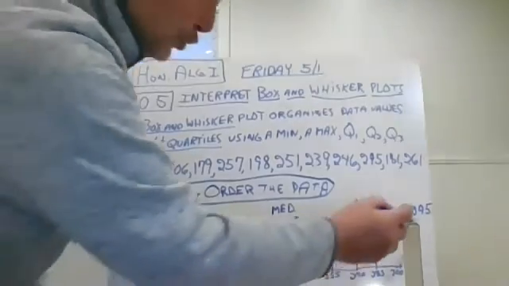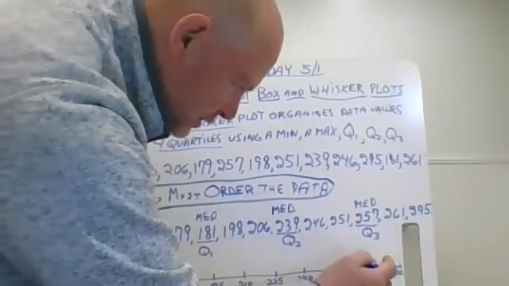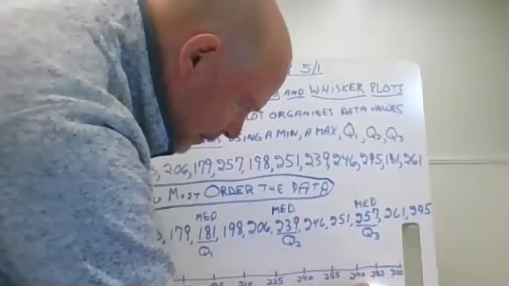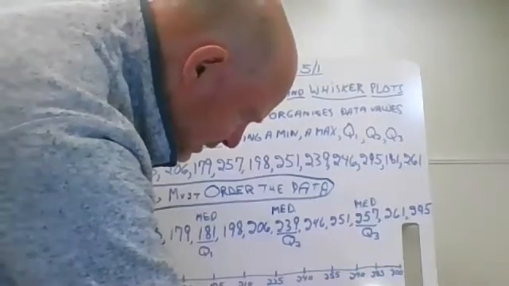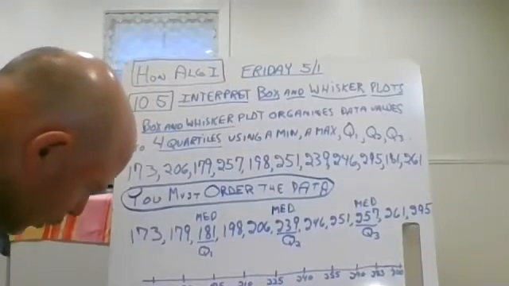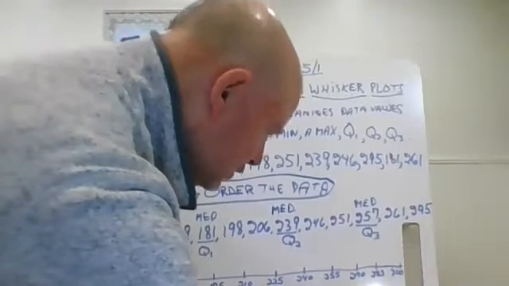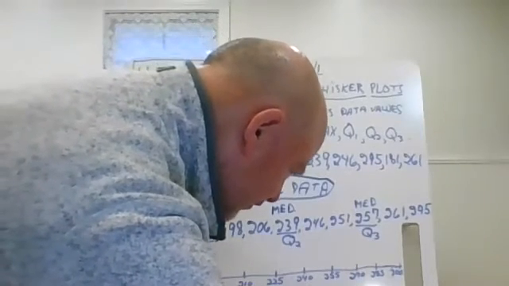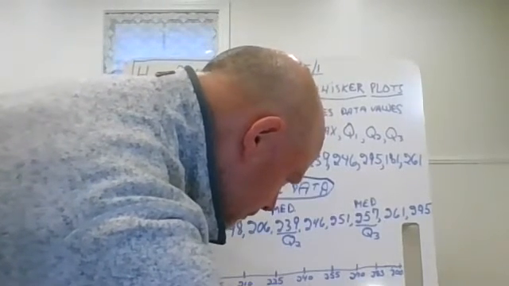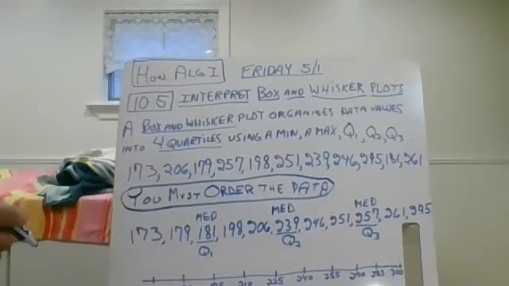Then we take 295, the maximum value, which is about right here. Draw that down opposite this one. And underneath this, you put 173. And underneath this, you put 295. So you put your min and your max in there, those 2 points.